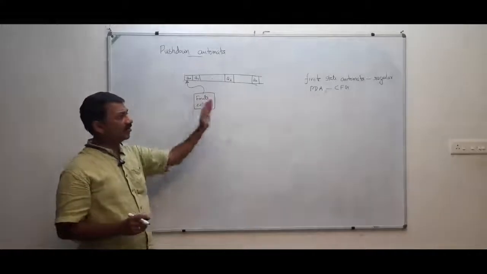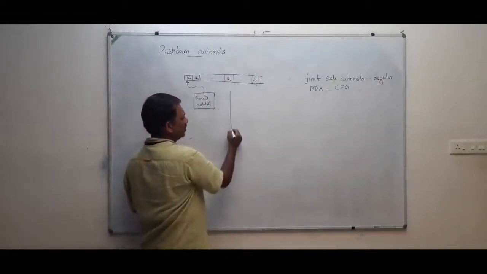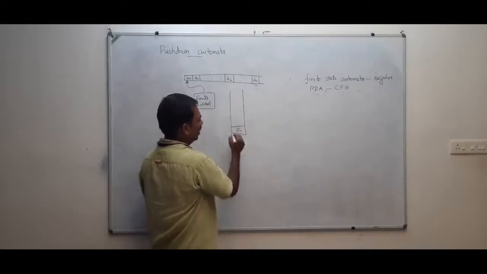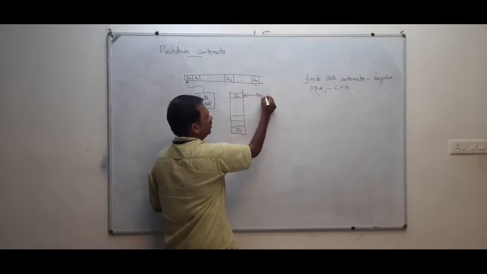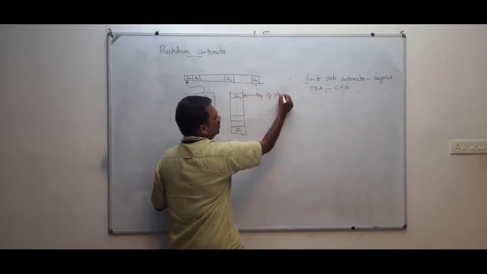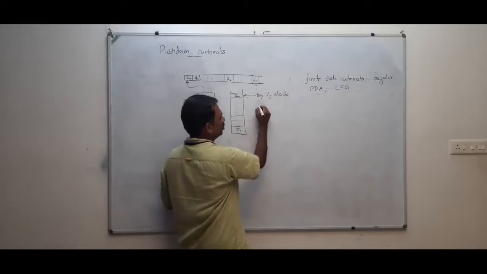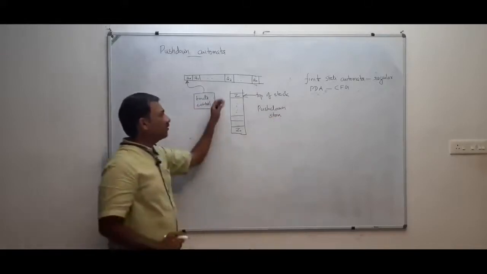This is just like our finite automaton, but unlike a finite automaton, it has another structure called a stack. The bottom of the stack is represented by Z0, and here we have a number of elements, with the top element on top of the stack. Another name for this is pushdown store, which is why we have the name pushdown automaton.